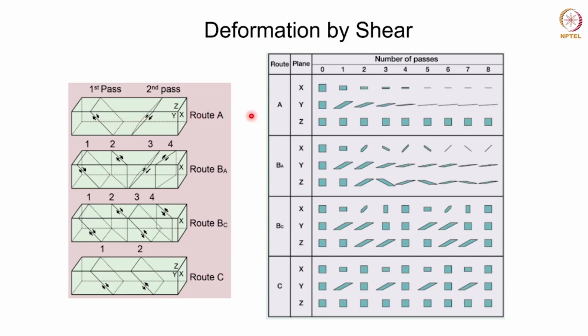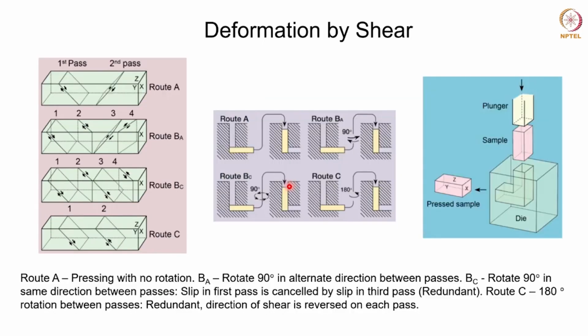The element on the X and Y plane is deformed, and as you keep on increasing the number of passes, this degree of deformation on these two planes also increases. As you could see from these elements, they become thinner and thinner as the number of passes is increased. But one thing that you can note over here is that on the Z plane there is no deformation at all.